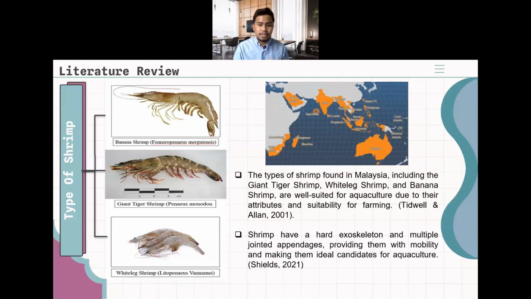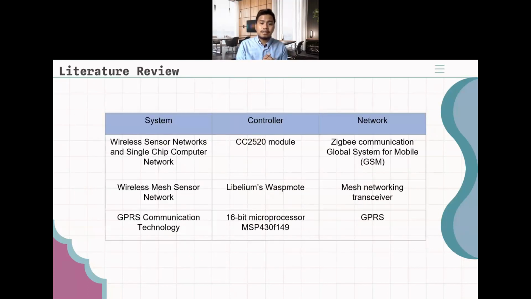As you can see, these are the previous projects that I found in the journals for my research literature review. The first project uses a wireless sensor network and single chip computer network. The microcontroller is the CC2520 module and the network is ZigBee communication and global system for mobile, GSM.